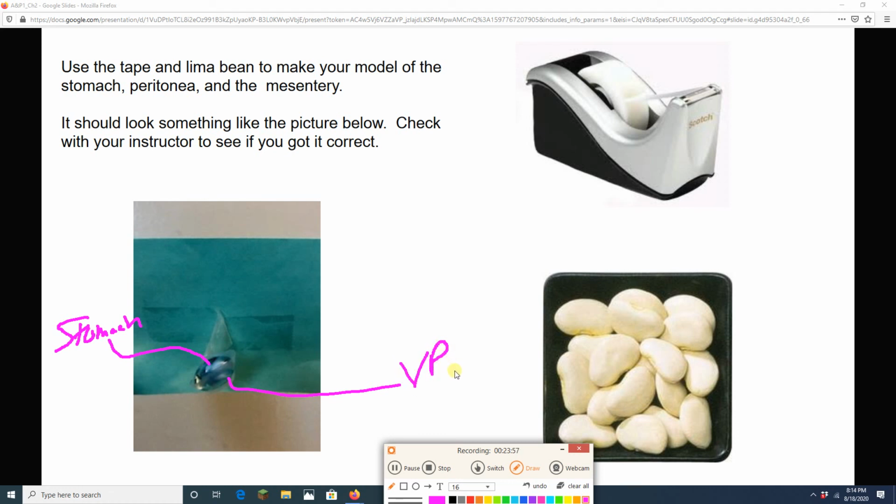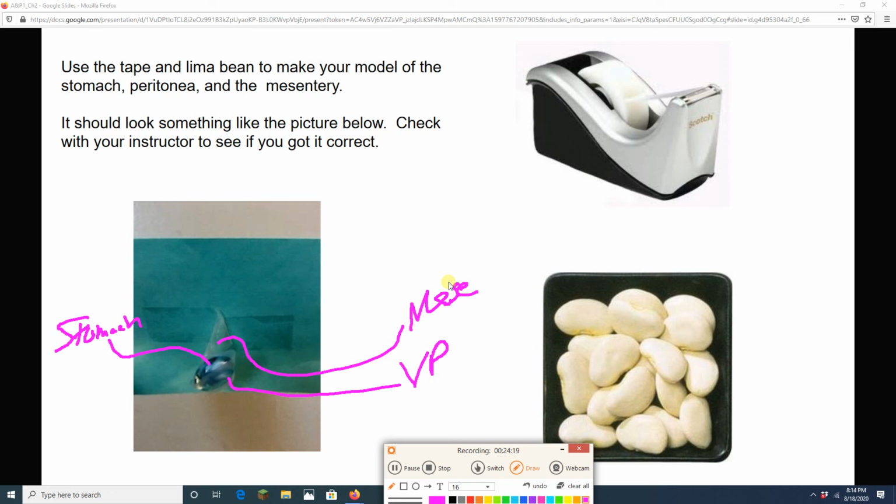That tape represents the visceral peritoneum. And then the tape goes around, and the tape is stuck to the tape. That tape stuck to tape is called the mesentery.